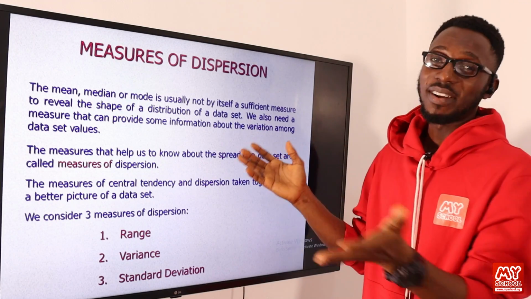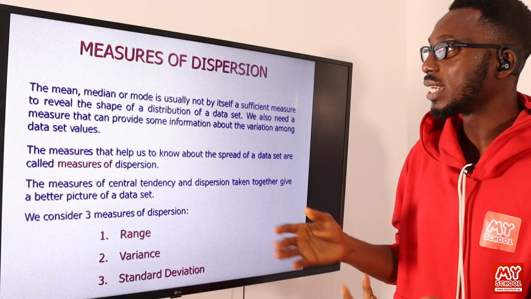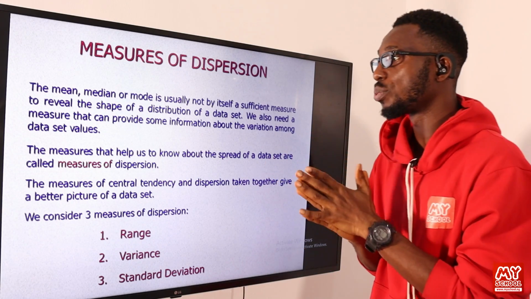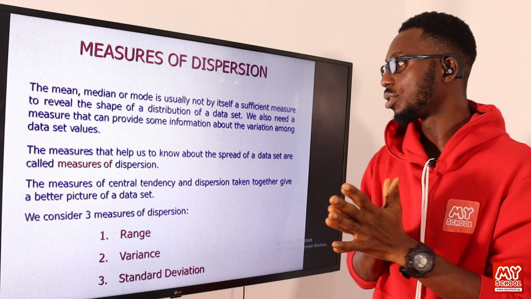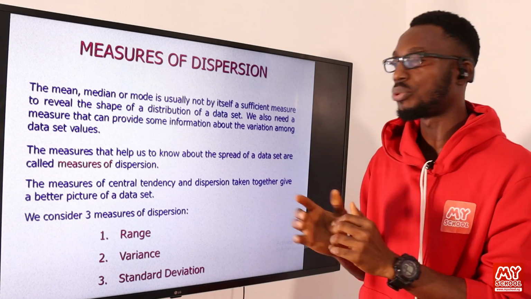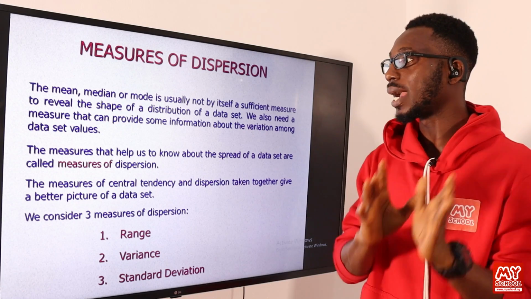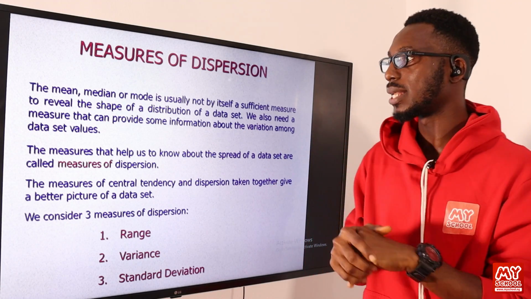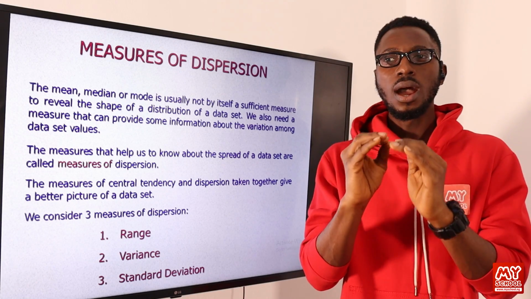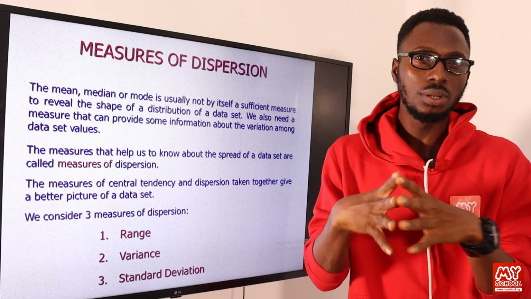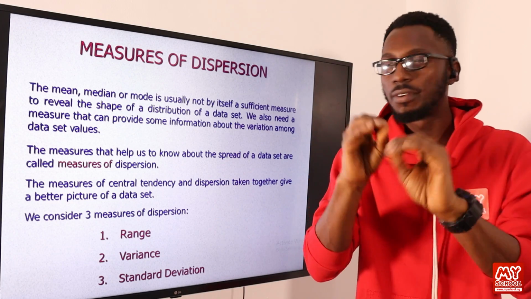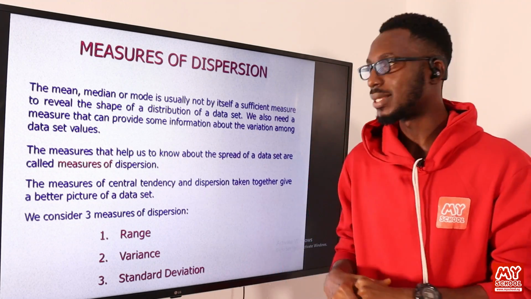Okay, so we have another definition here. Earlier, we've seen the mean, the median, and the mode. These are usually not by themselves a sufficient measure to reveal the shape of a distribution of a data set. So we also need a measure that can provide some information about the variation among this data set's values.